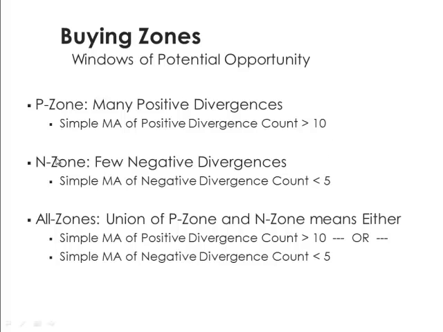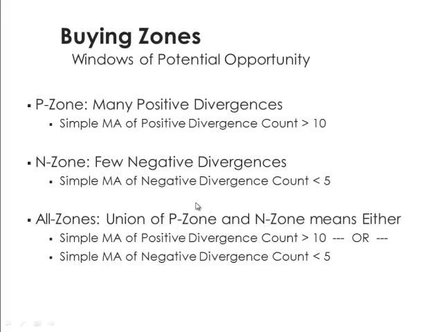Now conversely, the N zone is a situation where there's very few negative divergences. And by few, I mean if you take the moving average of negative divergences and that stays under 5, that's very few negative divergences, because we tend to have a lot of them in the market at any one time.